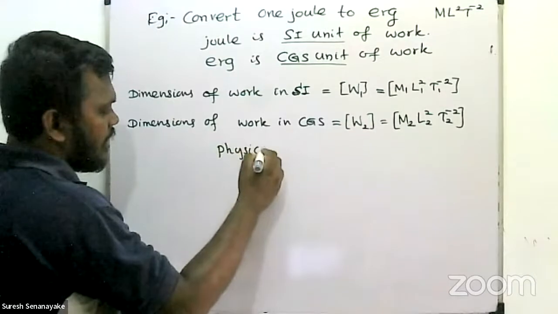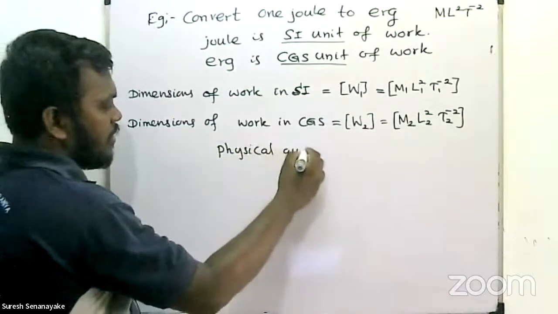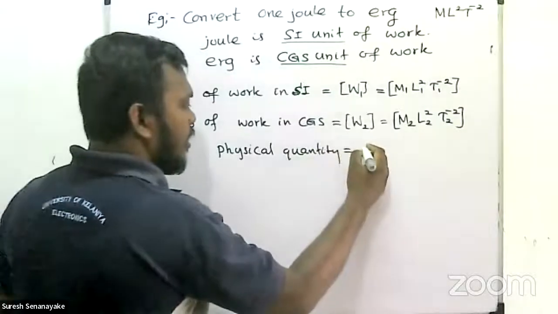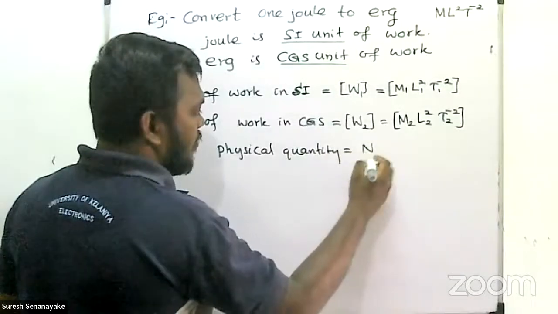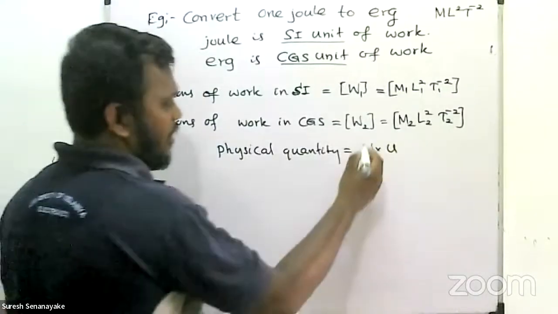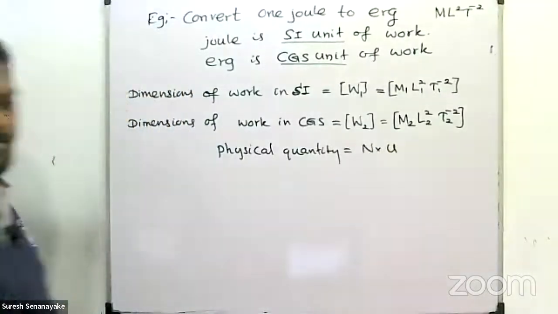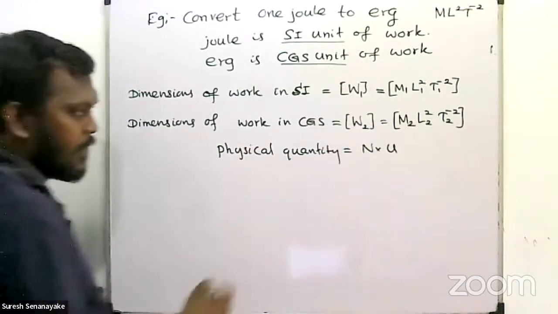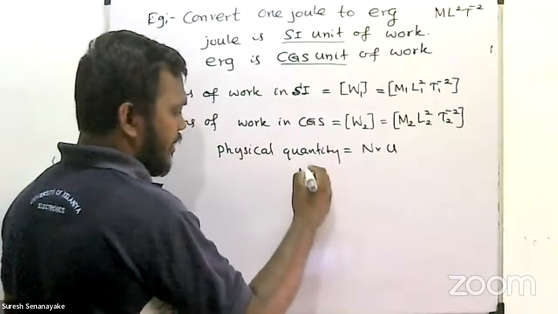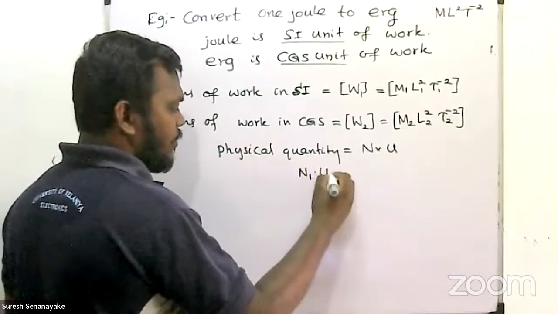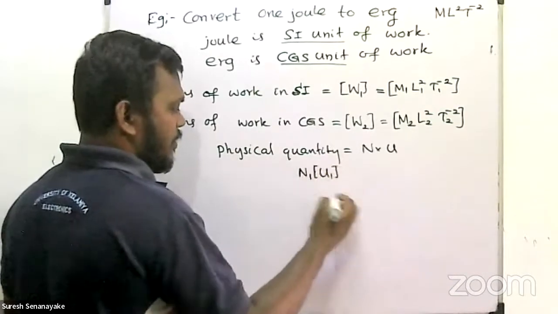A physical quantity we can write in any system as the numerical value multiplied by the unit, number multiplied by unit. So in the SI system the number is N1 and the unit is U1.